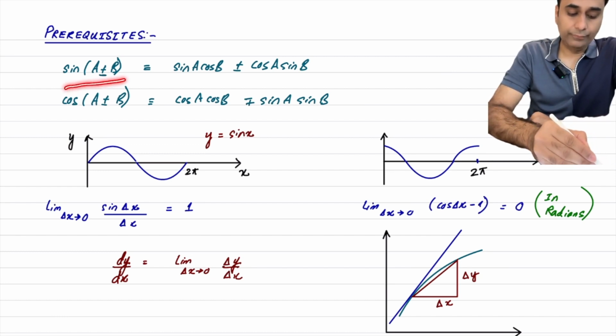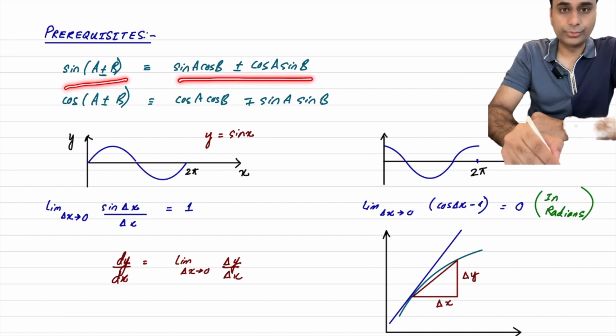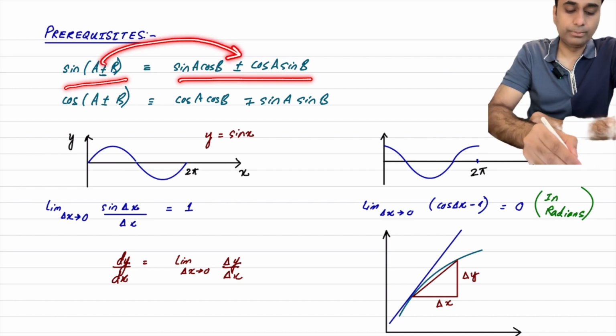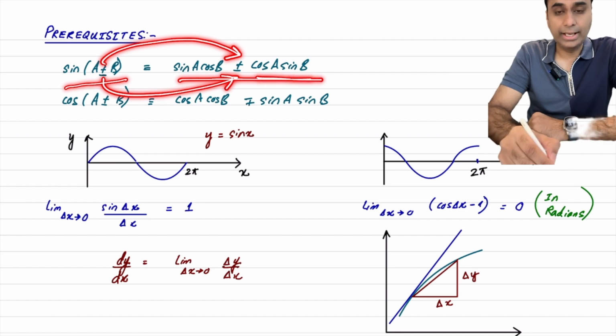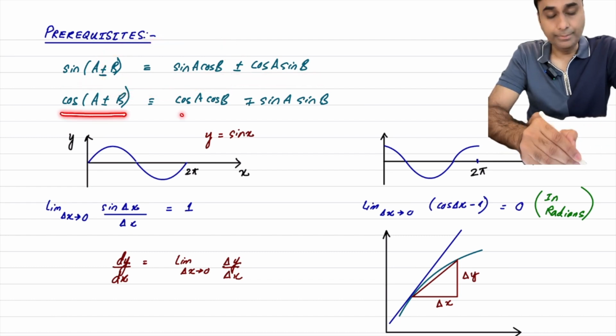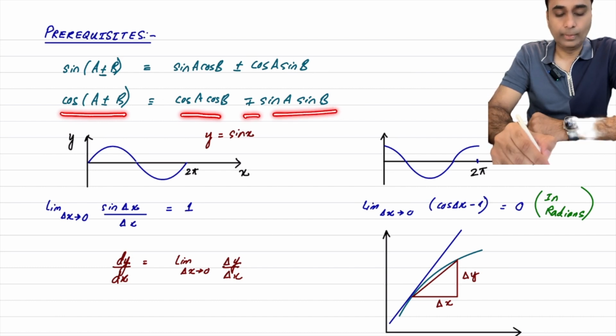If you have sine(A plus B) or sine(A minus B), that simplifies to sine A cos B plus minus, so plus pairs with plus and minus pairs with minus, cos A sine B. Similarly, cos(A plus minus B) opens up as cos A cos B minus plus sine A sine B.